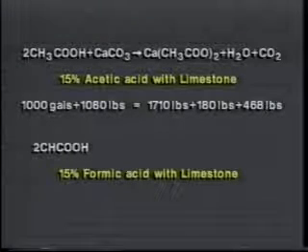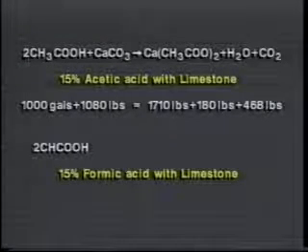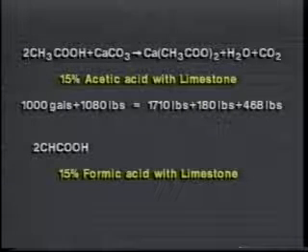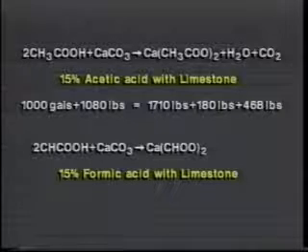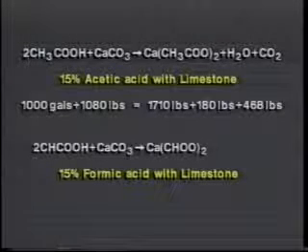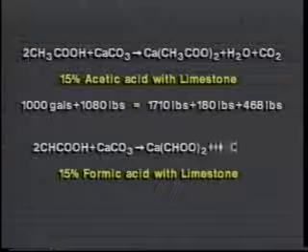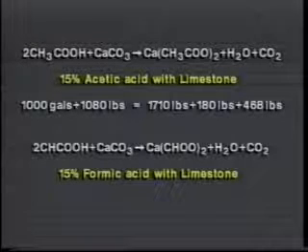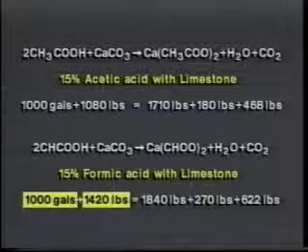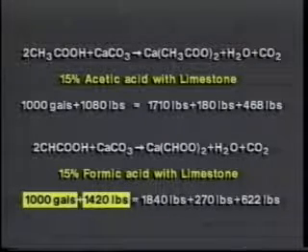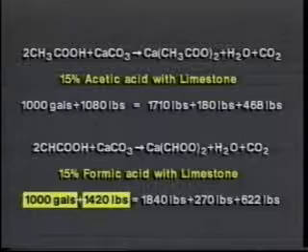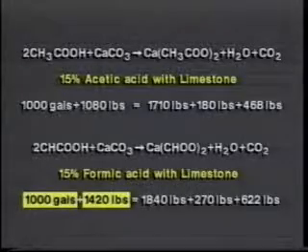Formic acid is stronger than acetic acid, but weaker than HCl. The reaction of formic acid with limestone yields calcium formate, also a calcium salt and thus soluble in the spent acid, water, and carbon dioxide. From this, we can calculate that 1,000 gallons of 15% formic acid will dissolve 1,420 pounds of limestone.